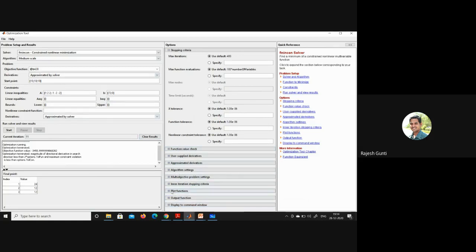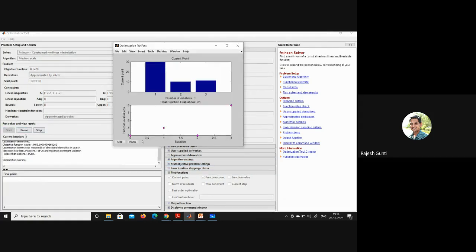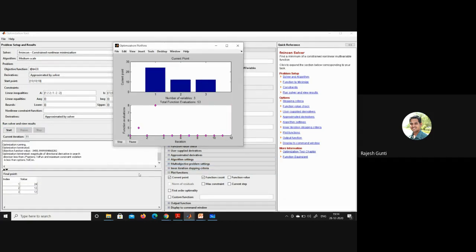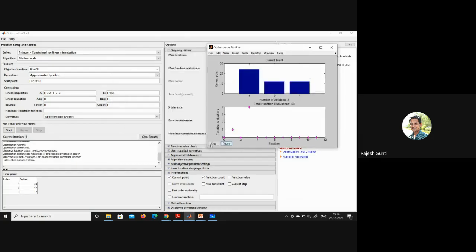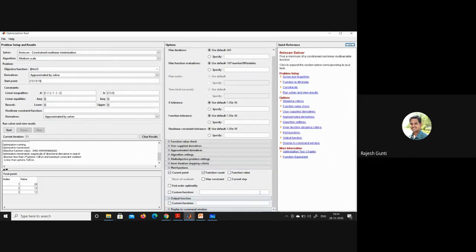This is used in that method, 3 variables x1, x2, x3. Display command.